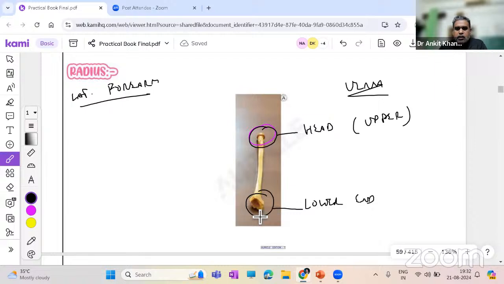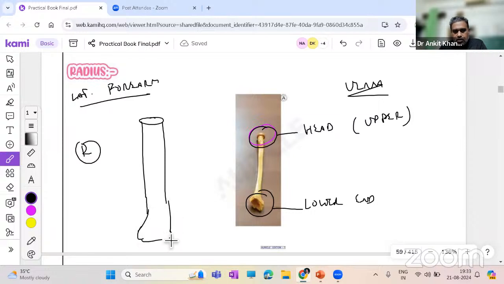Let me try to draw over here the head of the radius and coming down. Suppose I'm making the right side radius. It is a lateral bone. The lower end will be projecting, and on the outer aspect, that is the lateral aspect, there will be the styloid process of the radius.